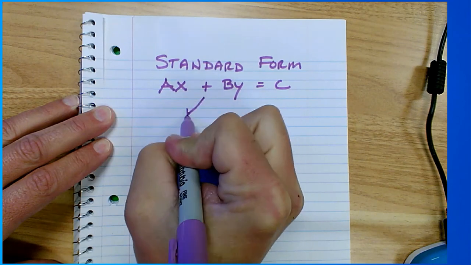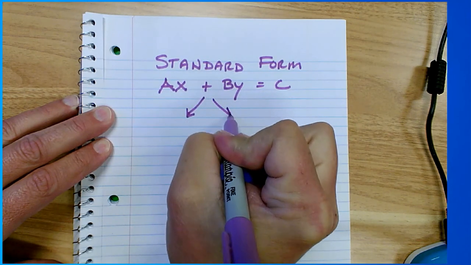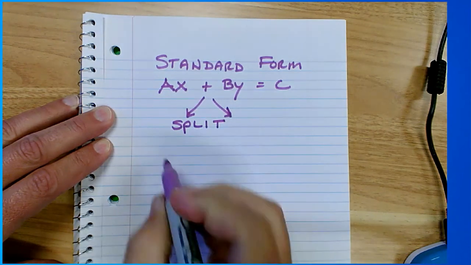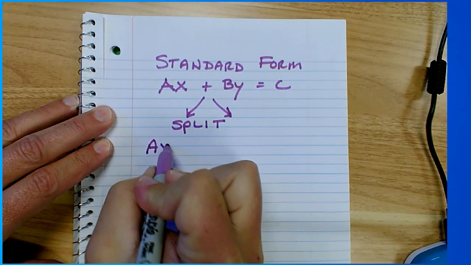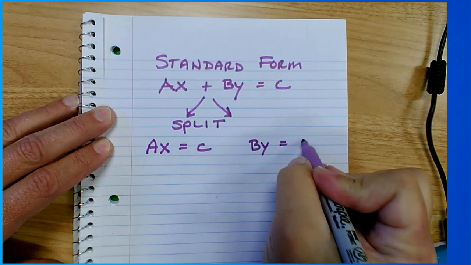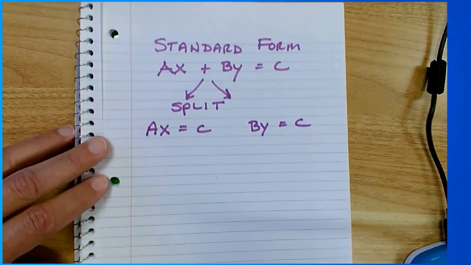And what I do is I split it. That becomes ax equals c, by equals c, and then I solve both of those.